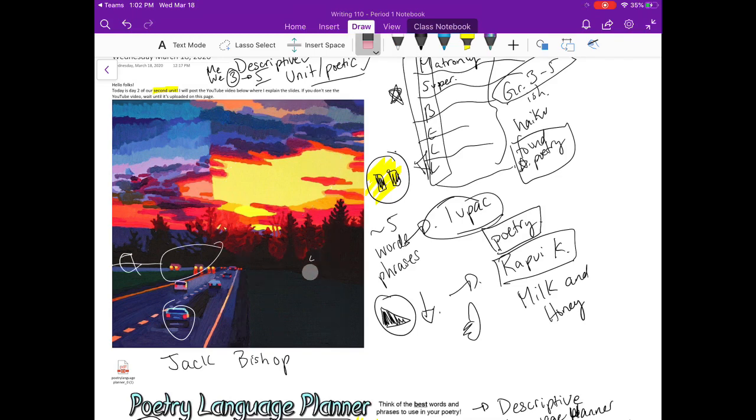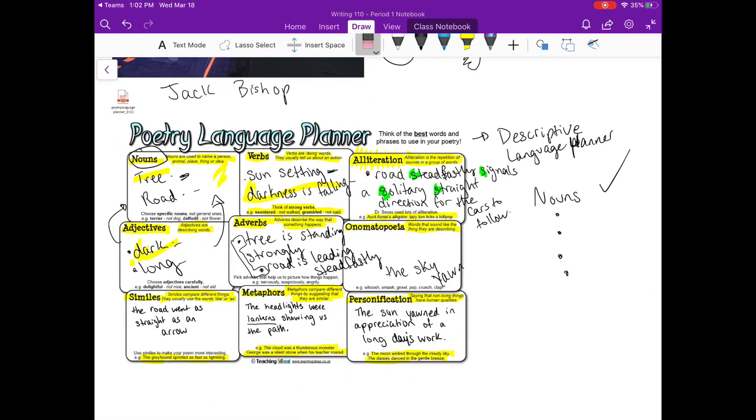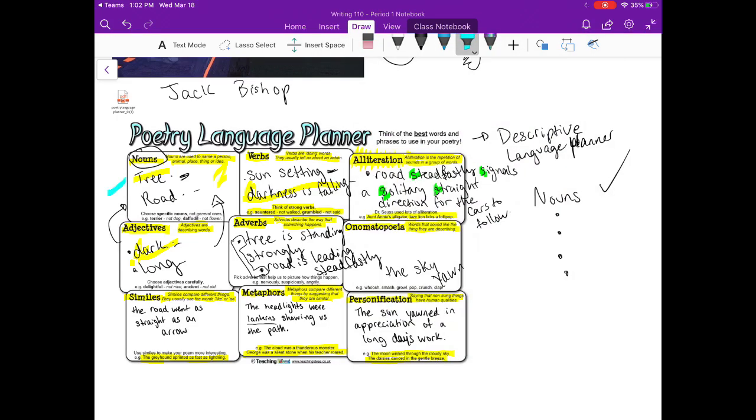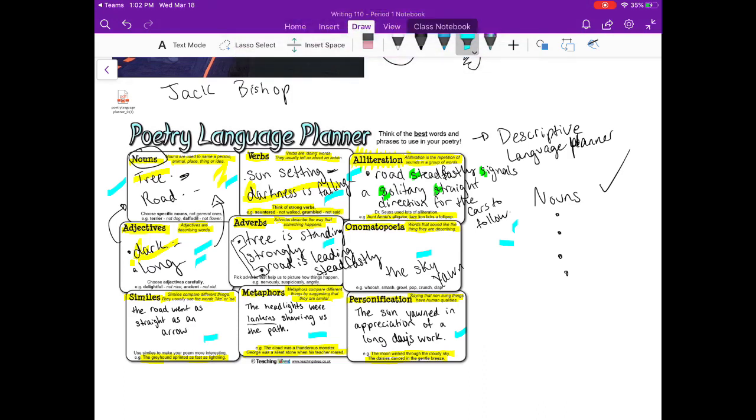Okay, now, after I've gone through this planner, I have this idea of the trees and the sun setting with darkness falling, with the road steadfastly signaling a solitary straight direction for the cars to follow, that it's long and dark and the tree is standing strongly and the sky is yawning and the sun is yawning and the headlights are like lanterns that are showing us a path down that steadfast straight road and the road went on as straight as an arrow. There's a lot to pull in here now, right? There's a lot kind of going on.